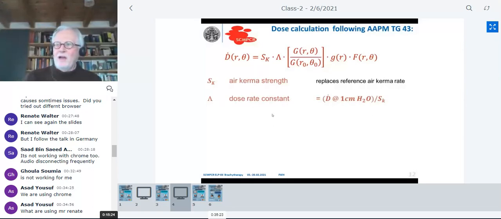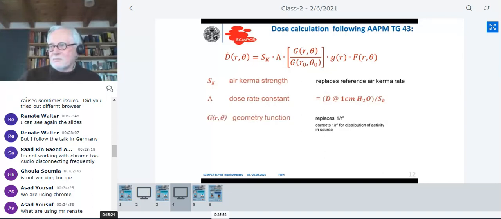In the calculation I just showed you, you use the Meisberger polynomial to calculate from air kerma rate to dose. Here we do this at one point, at 1 centimeter distance. We already calculate dose rate from air kerma strength with the dose rate constant. So air kerma strength times dose rate constant gives you the dose rate that your source emits at 1 centimeter distance in water.